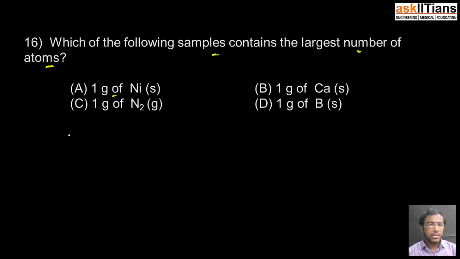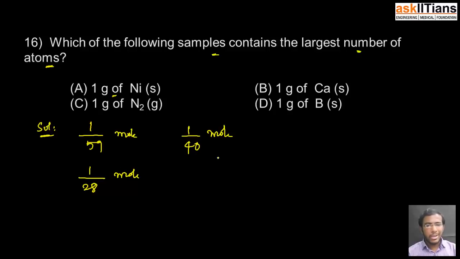That is the idea to solve such questions. 1 gram of nickel is 1 divided by its atomic weight, 59, so 1 by 59 moles. 1 gram of calcium is 1 by 40 moles. 1 gram of N2 is 1 by 28 mole. And 1 gram of boron, atomic weight 11, is 1 by 11 mole.